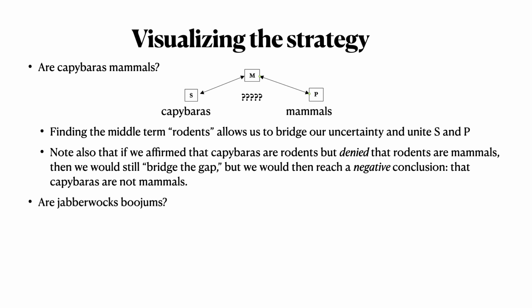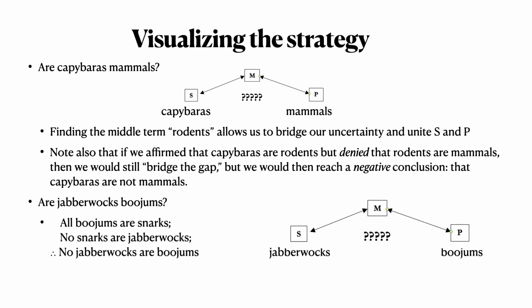Like this, for example: are Jabberwocks boojums? Well, again, we can set this all up so that we have Jabberwocks as our minor term and boojums as our major term, and we're not sure whether Jabberwocks are boojums. Well, if I can find a middle term to relate them both to, like snarks, I might say all boojums are snarks and no snarks are Jabberwocks. And if that's true, then it follows that no Jabberwocks are boojums.